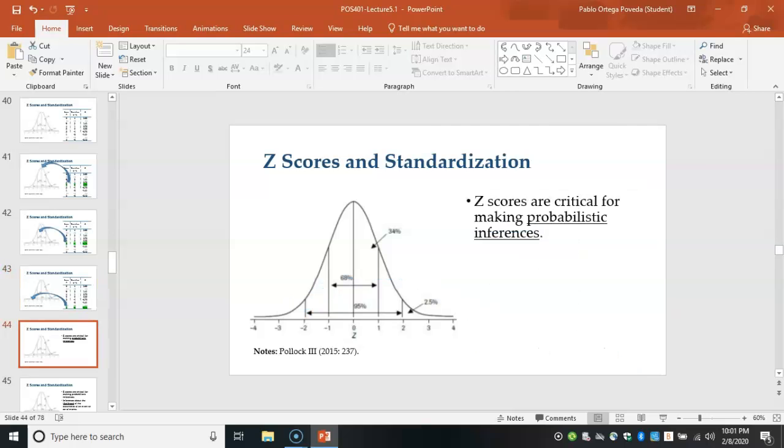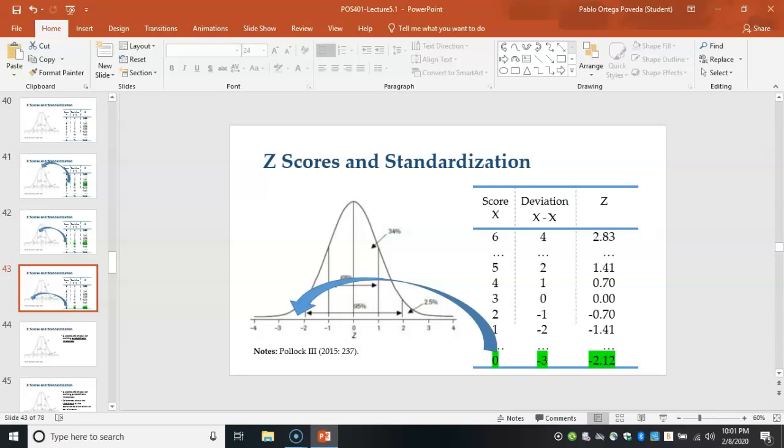Okay? But what do these things mean? These tell us things about the probability that these events occur. So 0 will be a very unlikely event because it's not even within the second standard deviation, or C value, of this distribution.